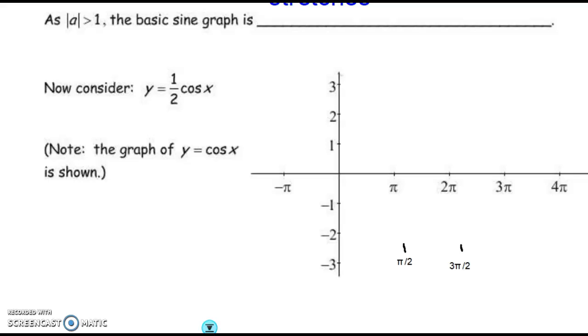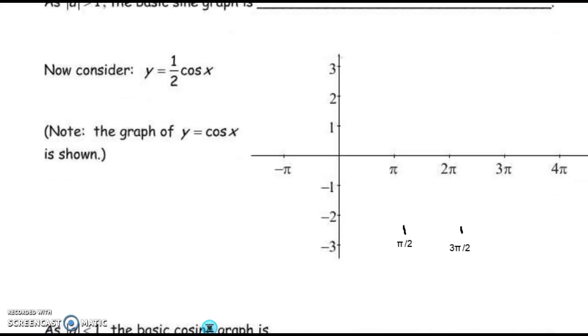Cosine graph. I'm going to graph that in blue first, the normal cosine curve, and I've even underlined it. Now, as you know, I put in some extra markings here, and you only have to graph this for one complete cycle. If we were in school, I'd give you this setup here, just even markings.